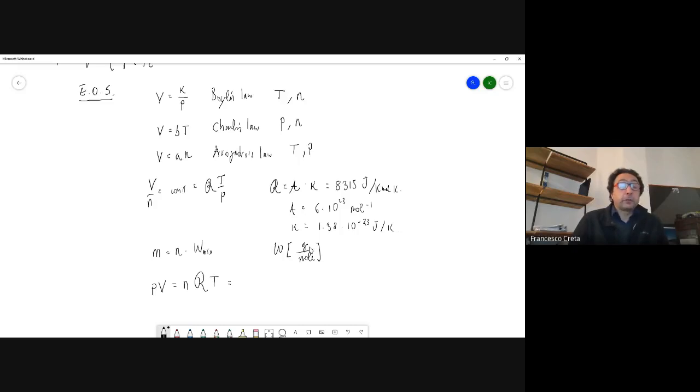But if you convert moles into mass, you'll see that you have to divide by the molecular weight. And so when you write it in the form of mass, you're not using the universal gas constant, but you're using this other R, which depends on the gas itself, because it's divided by the molecular weight.